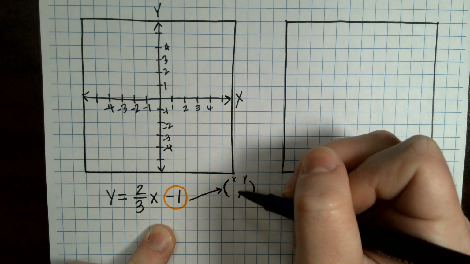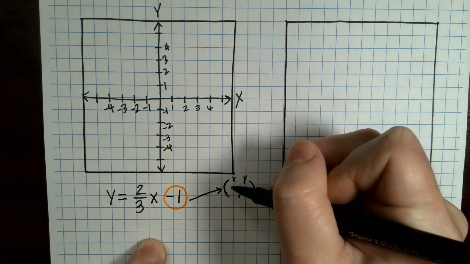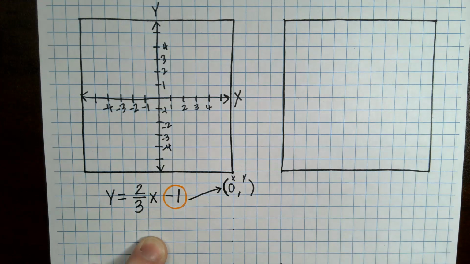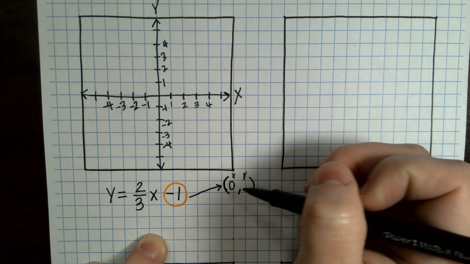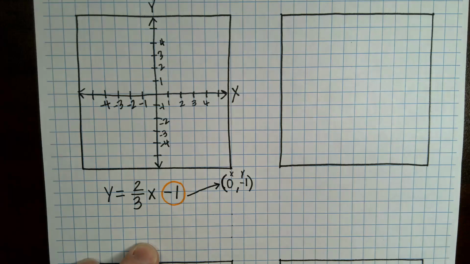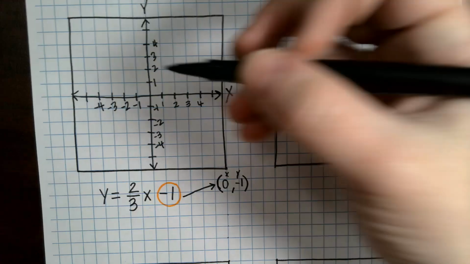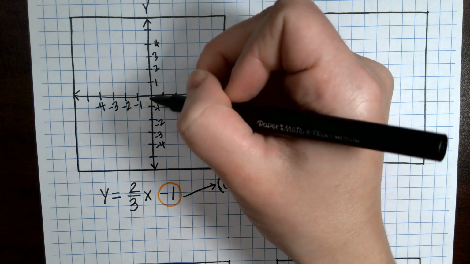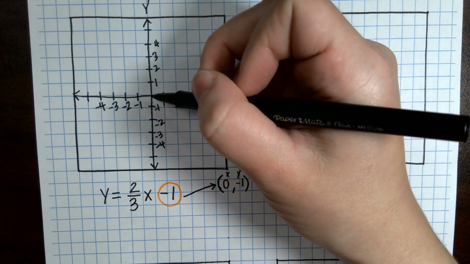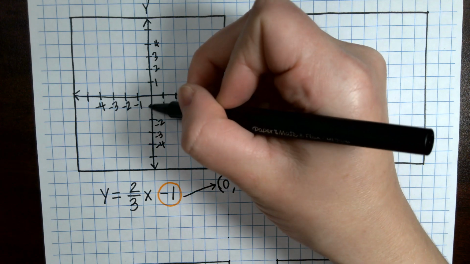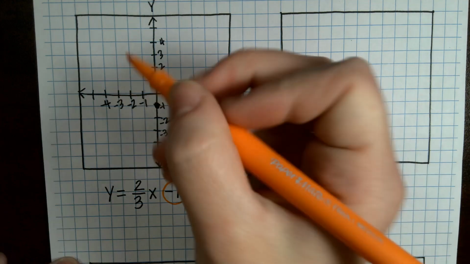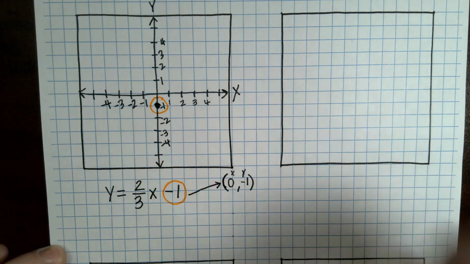Yes, my x is always going to be 0 for the y-intercept because I'm not going any way left or right. And what's my y value? -1. So let's go ahead and plot our first point at 0 for x. So that means we don't move. We just stay here. And our y is -1. So we'll go down 1 right here. This is our first point. And I know it's a little tough to see. I'm going to circle that in orange so you can see where it came from.